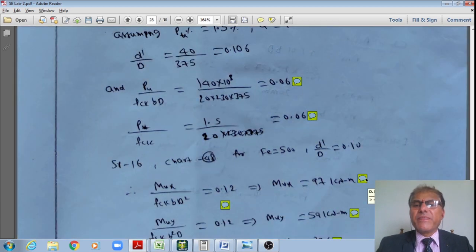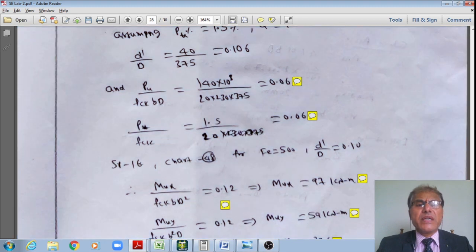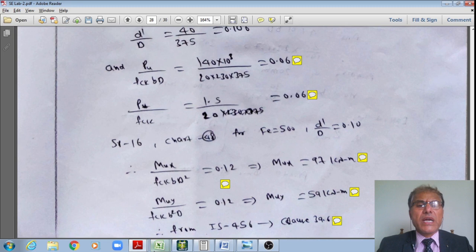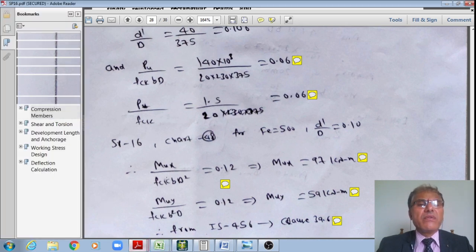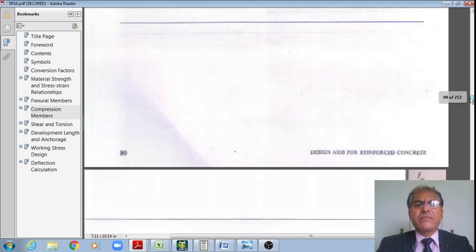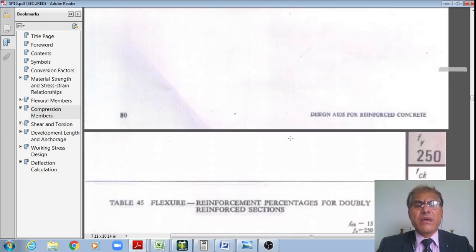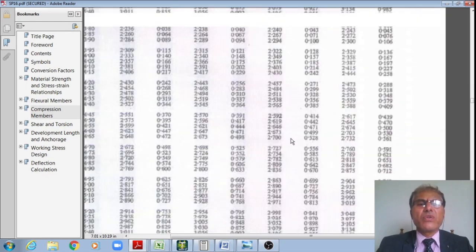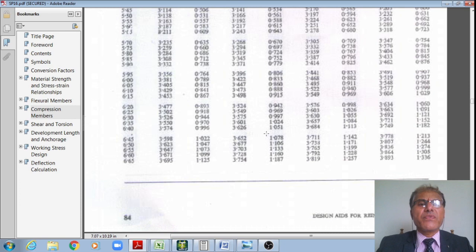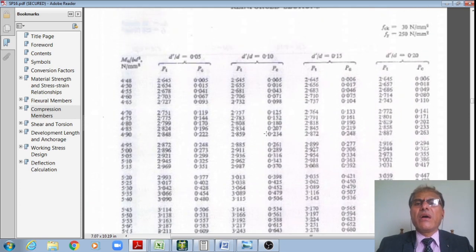Therefore, from this SP16 chart number 48, let me revisit that chart number 48 of SP16. Chart number 48, and then this chart number 45. Now I'll go to 48, yes, chart number 48, student.